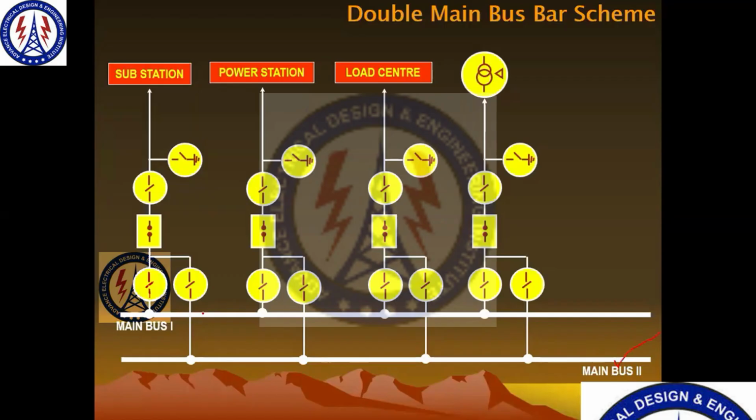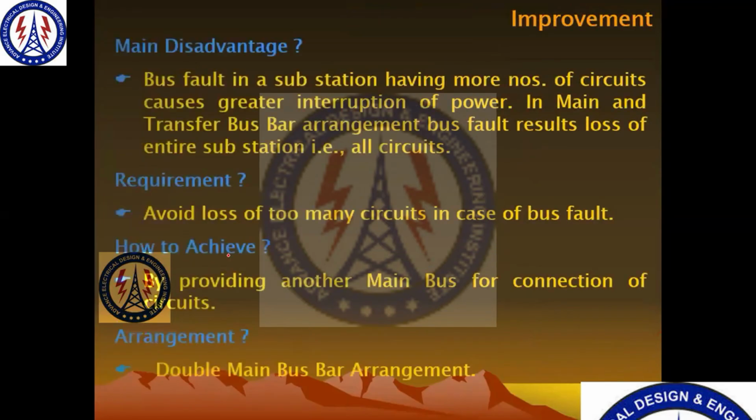In this, the alternate connection is given before the circuit breaker, at the disconnector, to main bus bar 2. I think in all the feeders there is a separate connection to bus 1 and bus 2. But in the earlier figure, another parallel connection was provided.